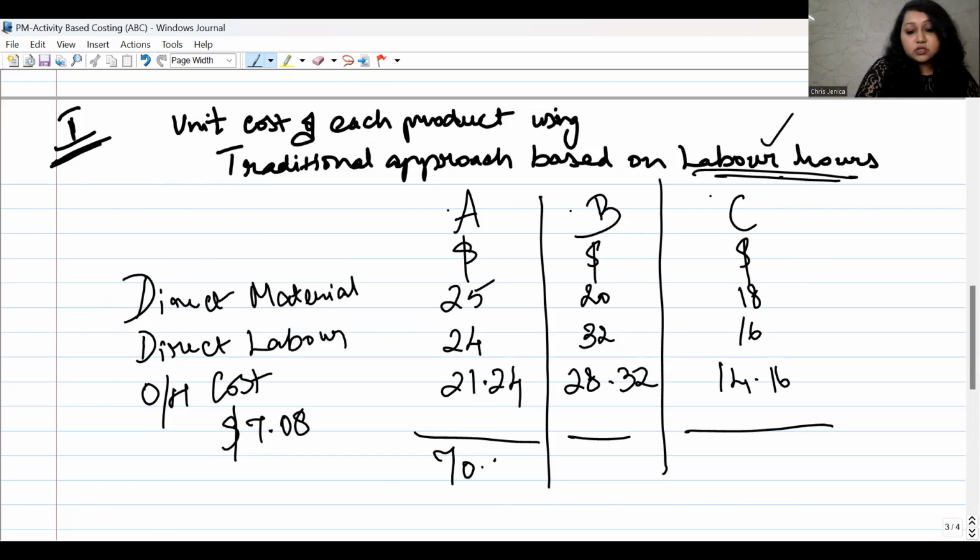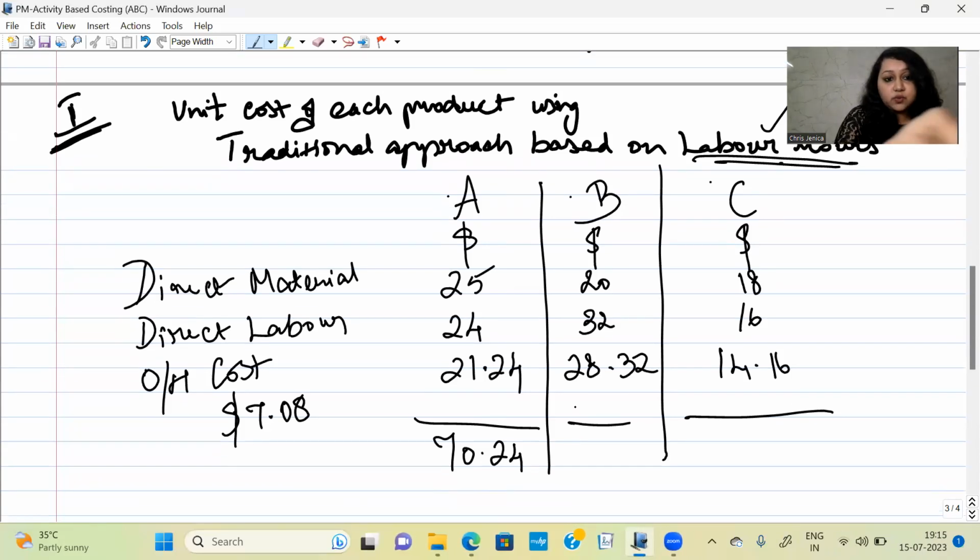It's going to be 70.24, and it's going to be 80.32, and it's going to be 48.16.